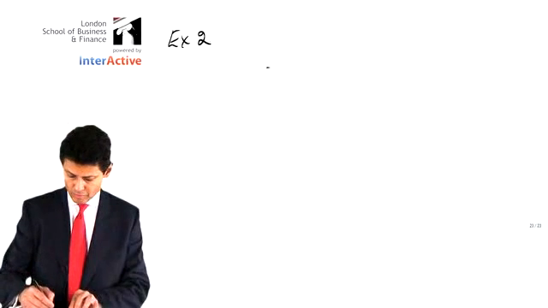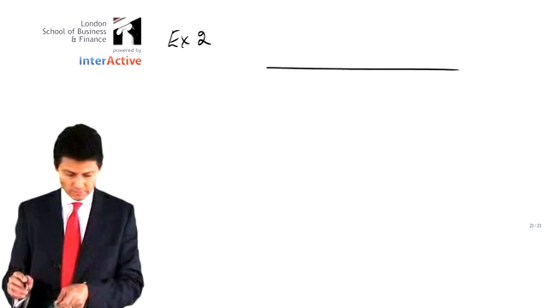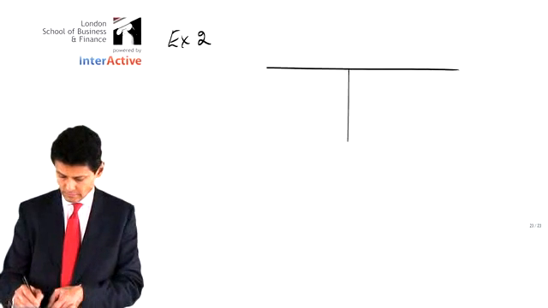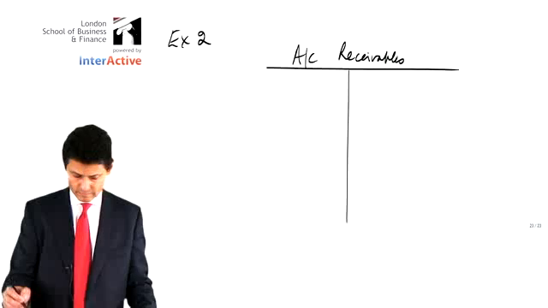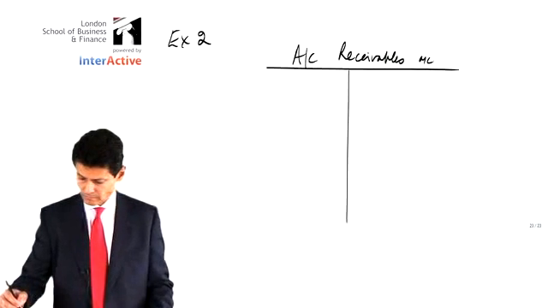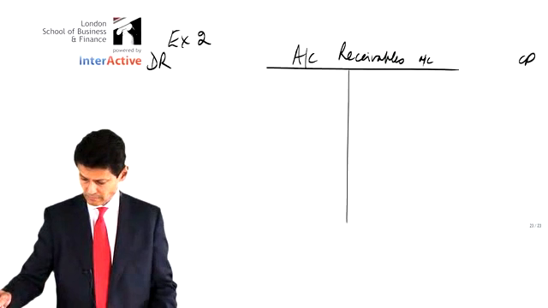So I'm going to go for something like the accounts receivable account itself. So I'll say accounts receivables account, debit, credit.